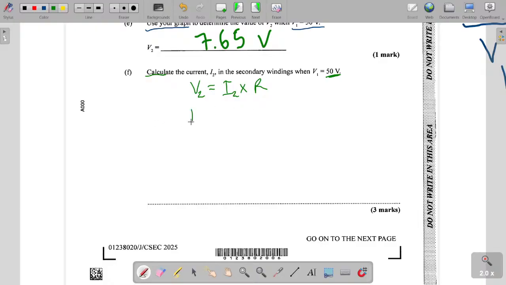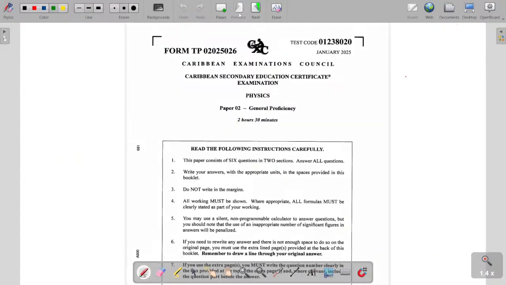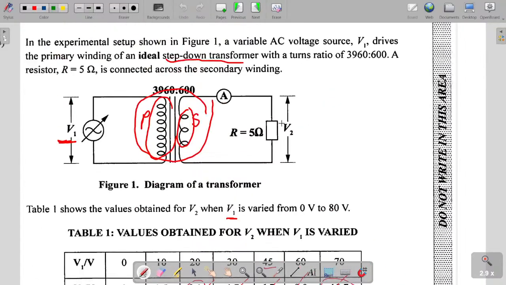And so since we need to calculate the current, we're going to transpose this equation. So that means I2 is going to be equal to V2 divided by R. And so I2 must be equal to 7.65 volts divided by the value for the resistance. In the question, you can see right here, the value for the resistance is 5 ohms.